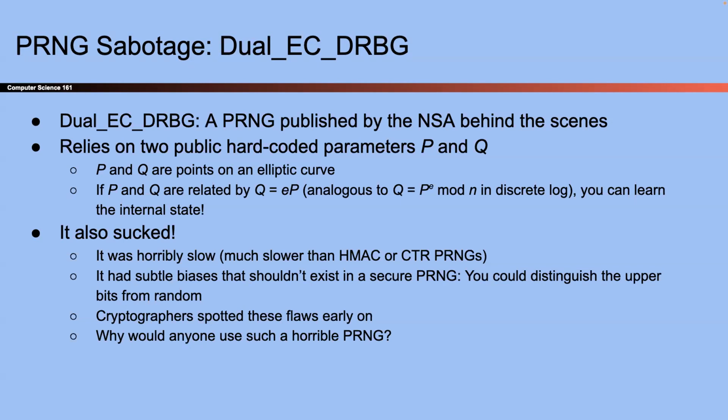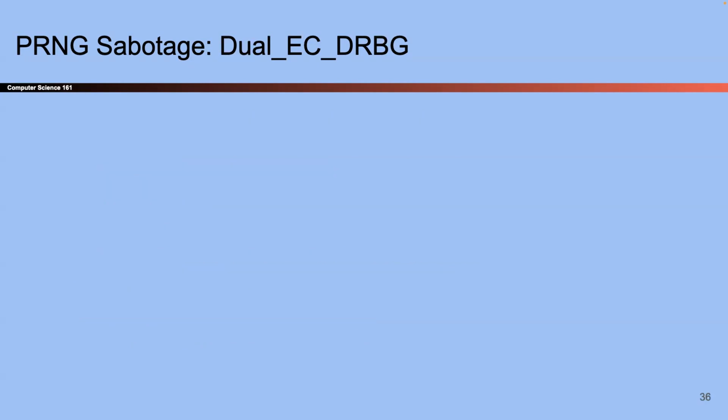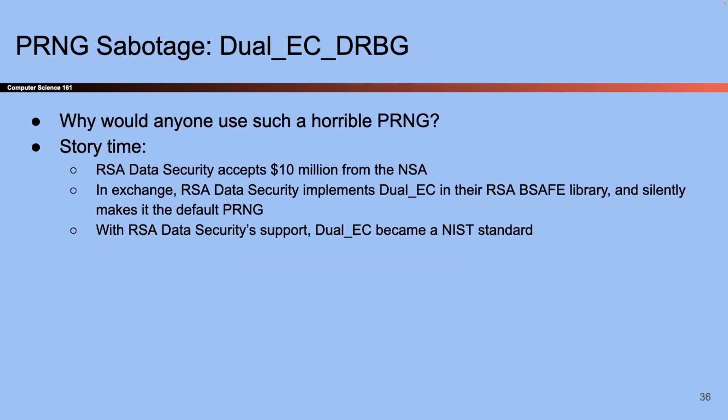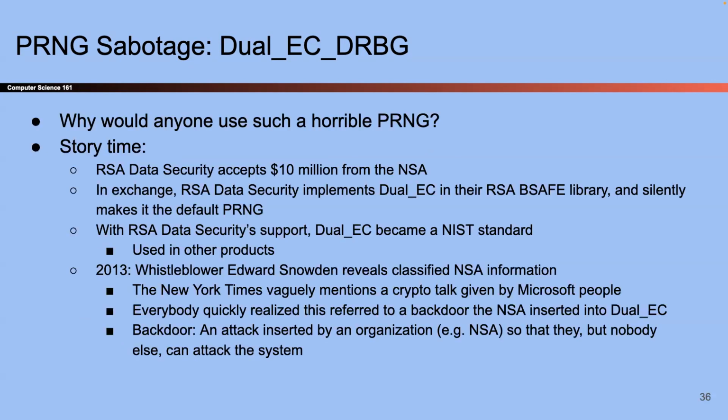And so a lot of cryptographers saw this and they were like, okay, but how did you pick those values? Any value would have worked here. So why did you pick 17 something, something, something? It turns out later people ended up figuring out, I'm not going to read this all, that those numbers were specifically chosen so that it gave the NSA an advantage, a backdoor into the system.